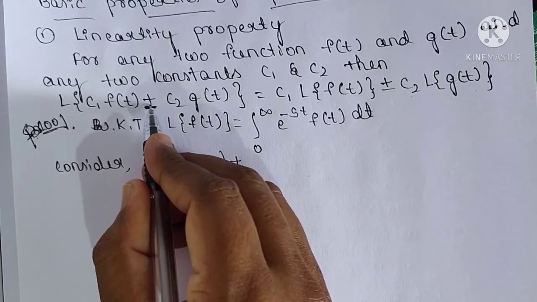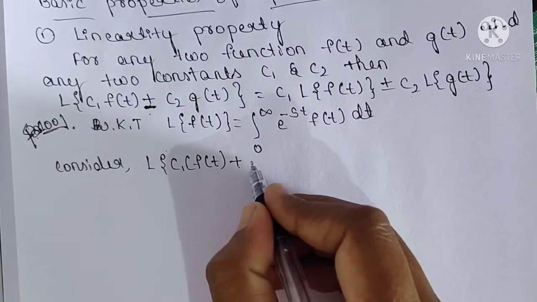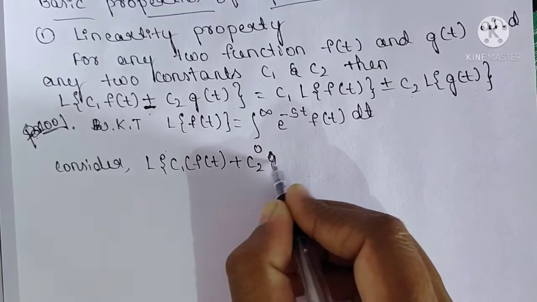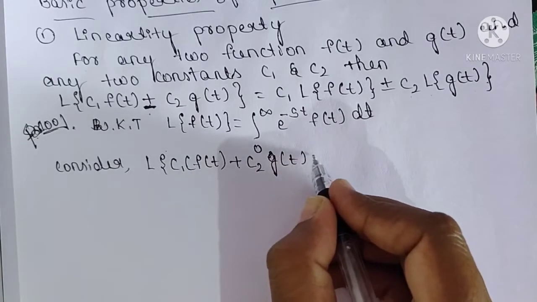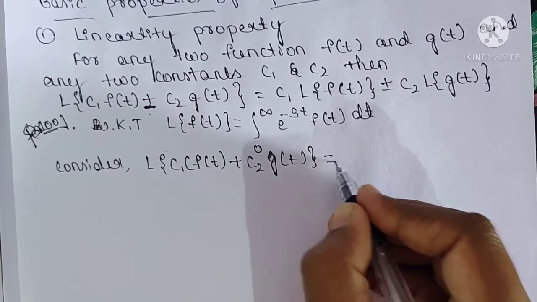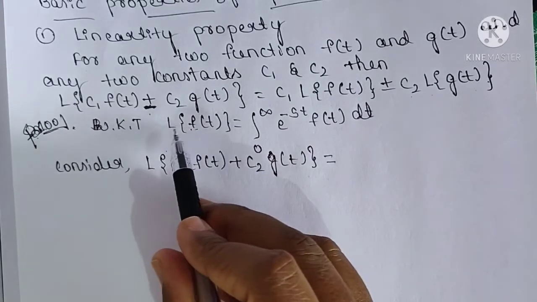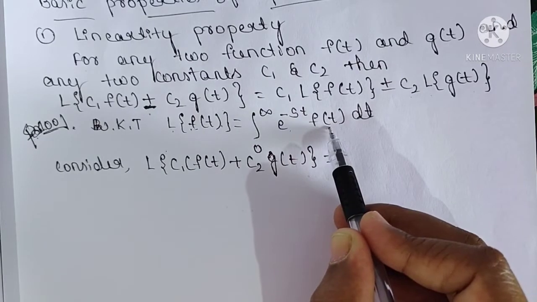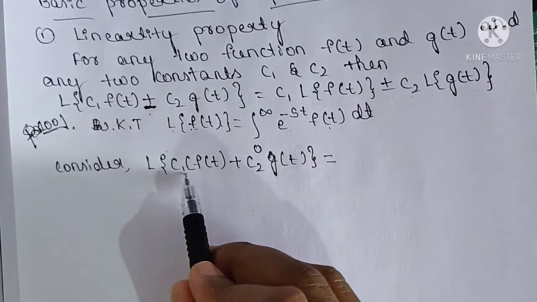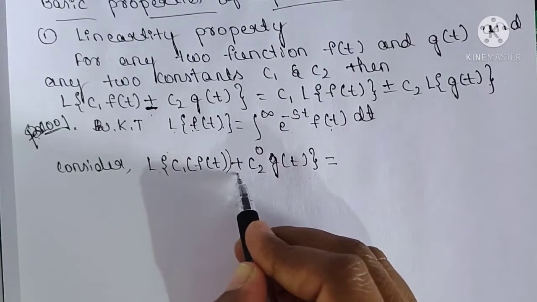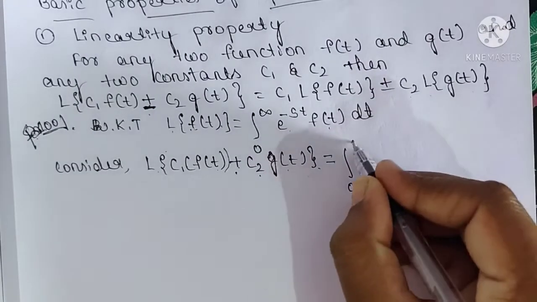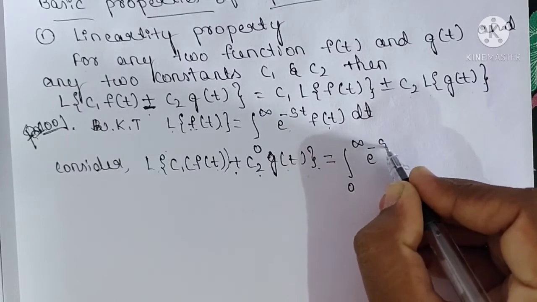First I am considering the plus operator. See here, L of f of t means e power minus st into f of t. Here L of c1 f of t plus c2 g of t can be written as the integral from 0 to infinity of e power minus st as it is.